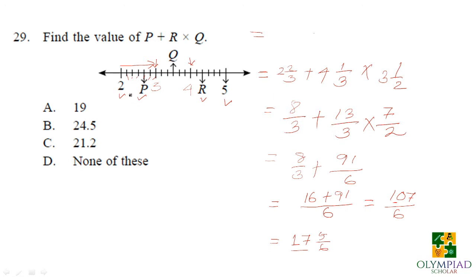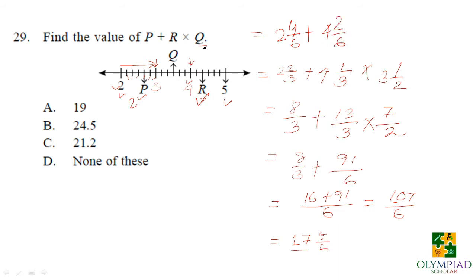So in that sense, P will be like 2 plus 1, 2, 3, 4, so 2 and 4 by 6. Then I have to write plus R. R is here. So it is 4 plus 1, 2, 2 by 6. So it is 4 and 2 by 6.